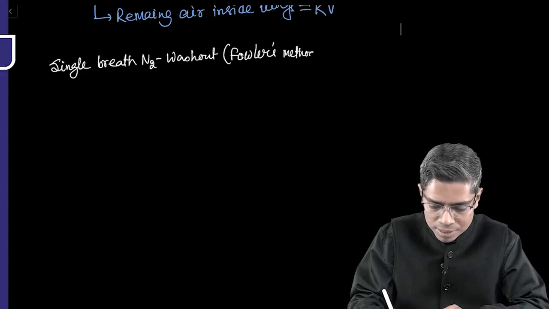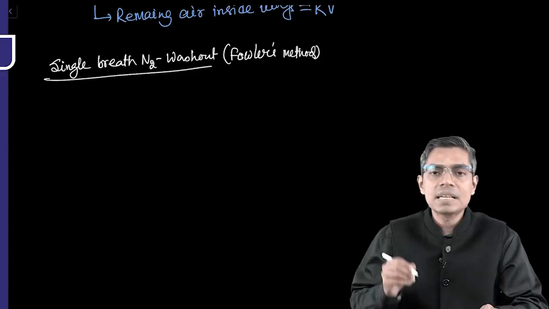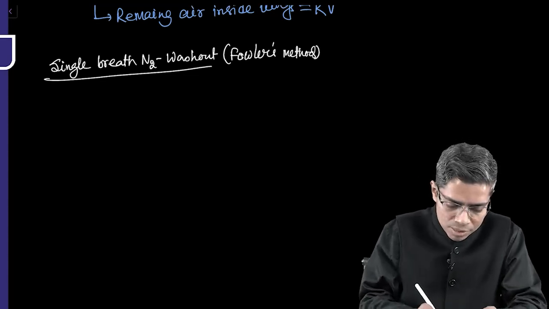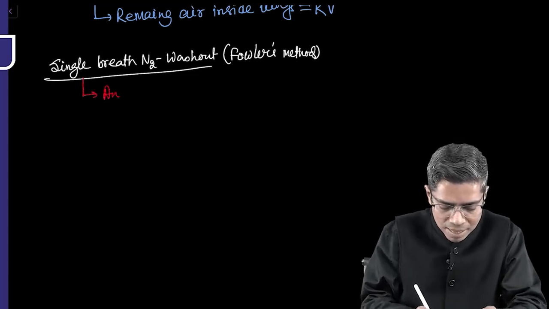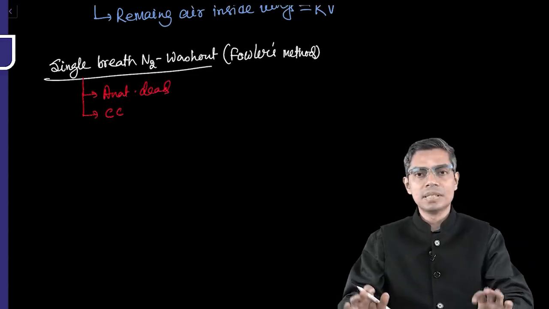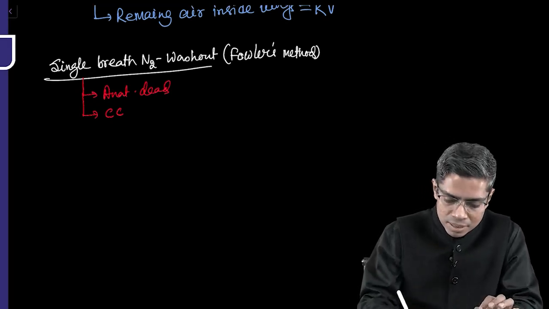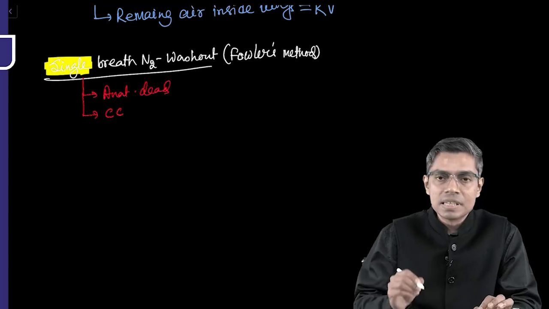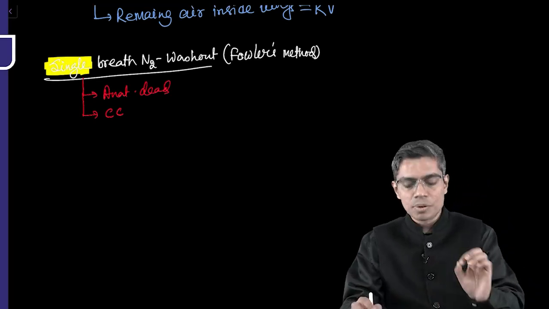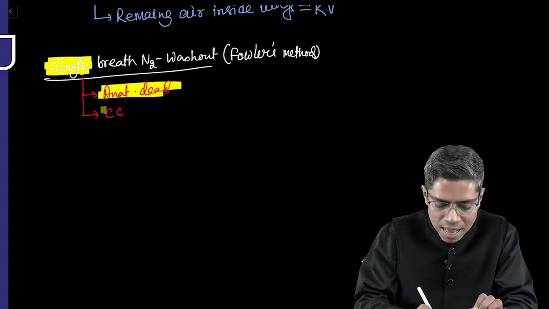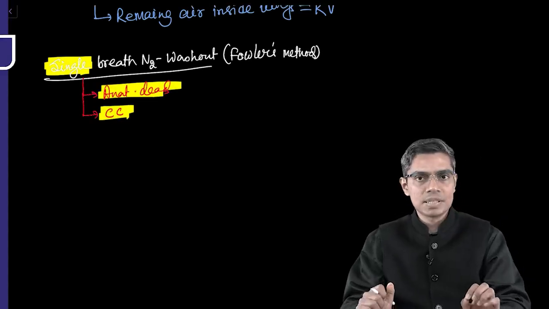I hope you recall this. So Fowler's method, or single breath nitrogen washout method, is not only used for measuring the anatomical dead space, it is also used for measuring the closing capacity of the lung. The multiple breath nitrogen washout method is used for residual volume measurement, but the single breath method is used for measuring anatomical dead space as well as closing capacity.